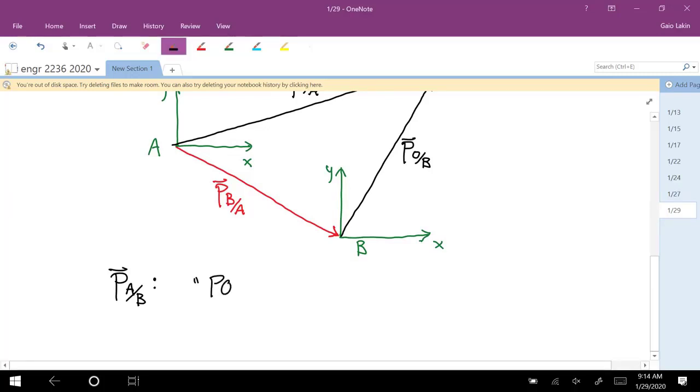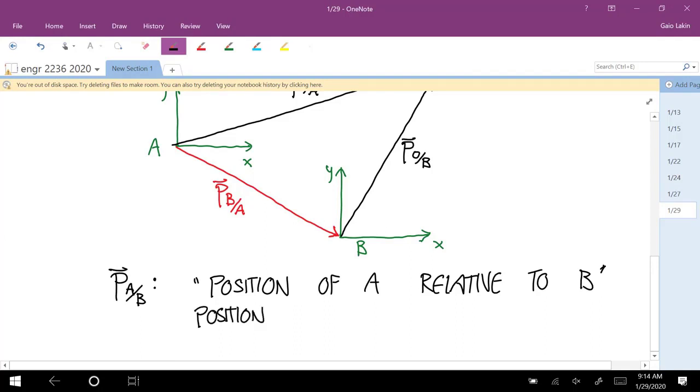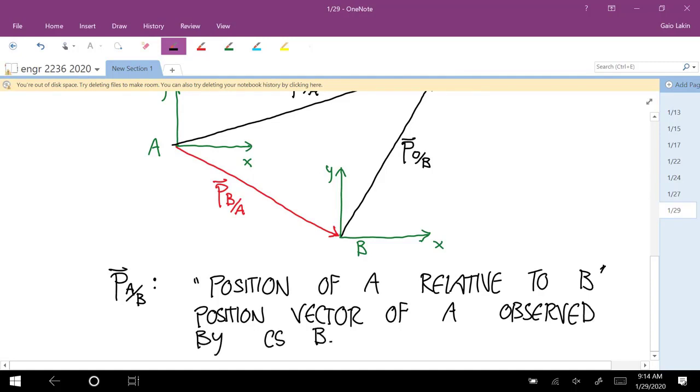We call that the position of A relative to B, and it means the position vector of A that's observed by the coordinate system B. Okay.